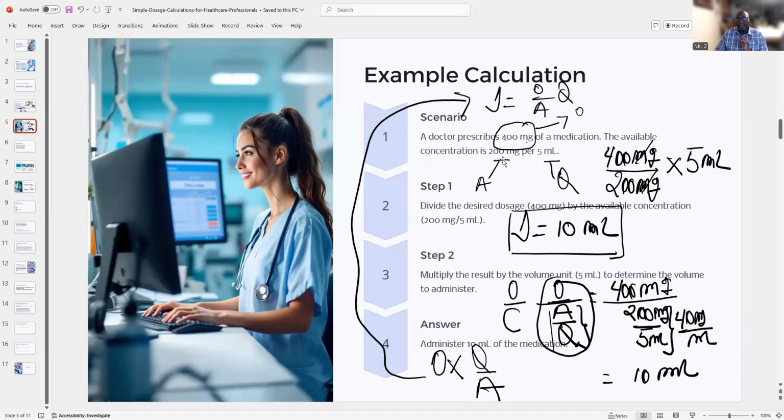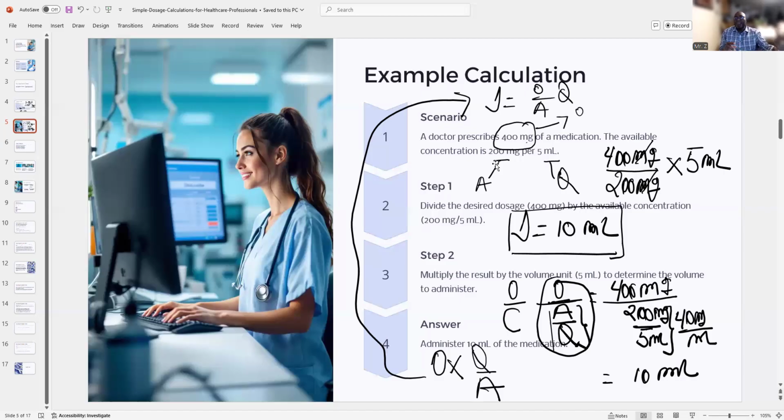So in this example right here, the doctor prescribed 400 milligram of medication, but the available that you have is 200 milligram per 5 milliliter. So it means 200 milligram is dissolved in 5 ml. But we need to identify what's the quantity it's going to give.